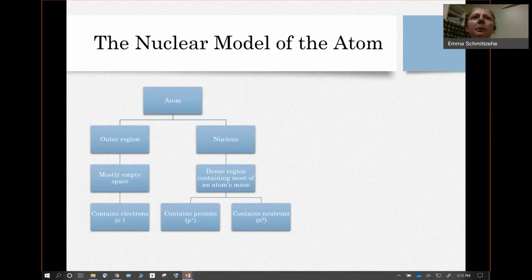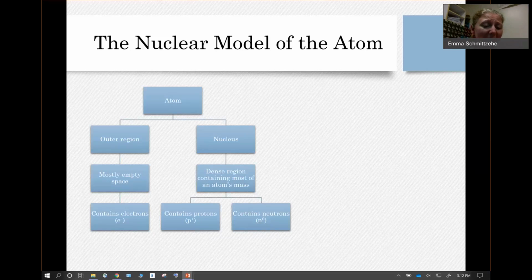It's similar to a gas: if you have a gas sample, you have all this empty space and then gas particles throughout. Then we have the nucleus, that dense portion in the center that contains protons and neutrons, packed very tightly together.